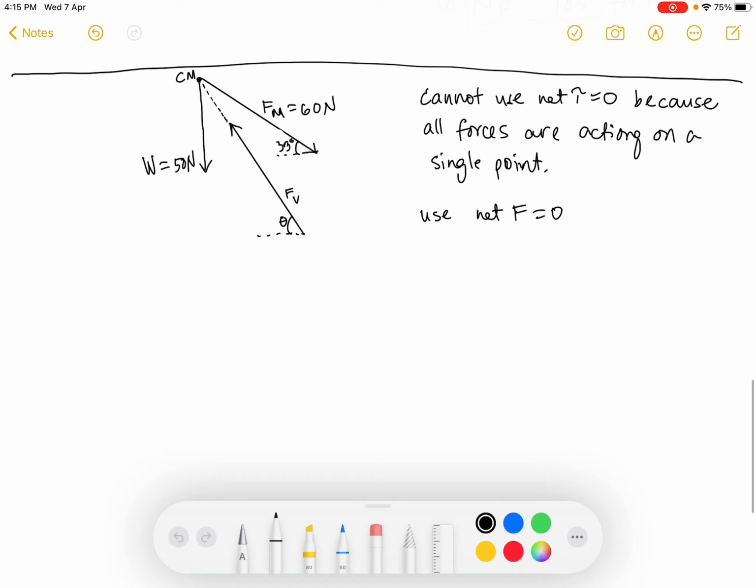Now, whenever we're working with forces, we already have learned that if you have diagonal forces, it's always useful to get the x and y components of them, so that then we will be only working with horizontal and vertical components. So for Fm, you can get the horizontal and vertical components.